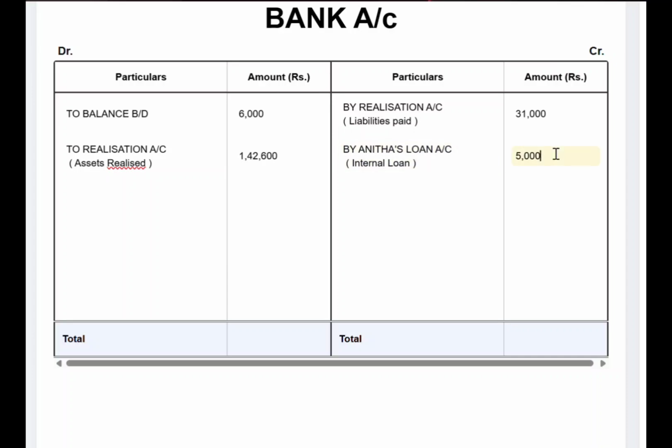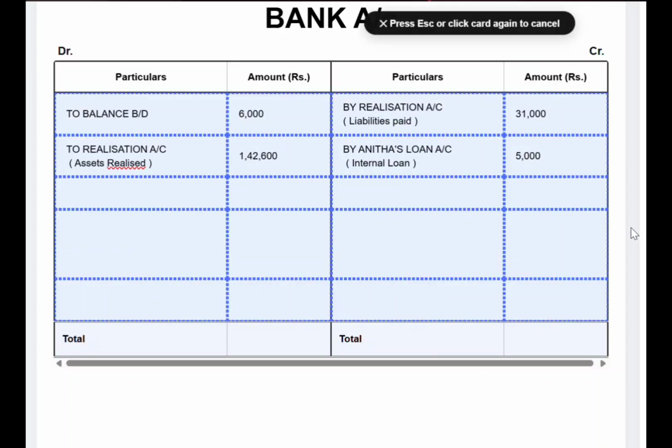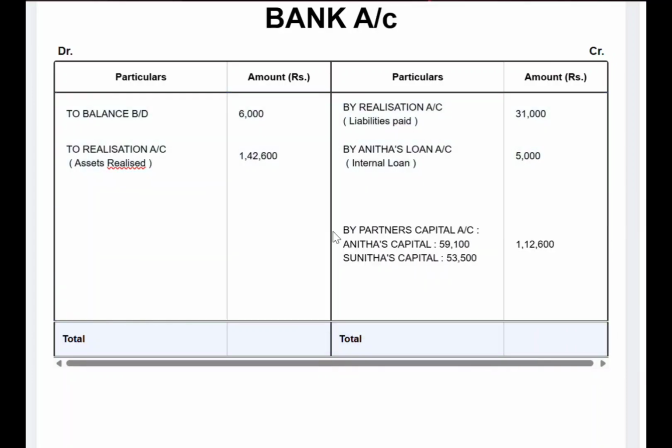And finally, the partners are being settled in the partners' capital account. The final payment made to the partners, that is, by partners' capital account, Anita's capital balance was 59,100 and Sunita's capital balance was 53,500. So the total capital paid or settled to the partners is 1,12,600.